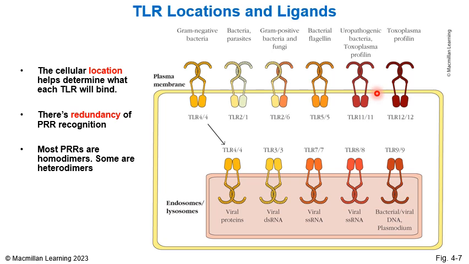Now, let's say that this cell here is a phagocytic cell, so it engulfs the pathogen, and now you are in your phagosome or in your phagolysosome, right? So in the phagolysosome, you're going to have also the presence of some of these TLRs. They are going to recognize other things, right?